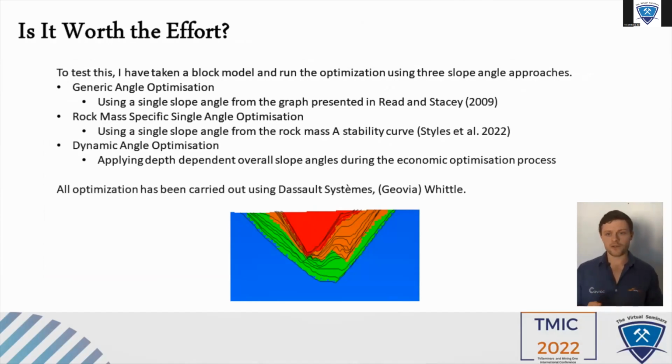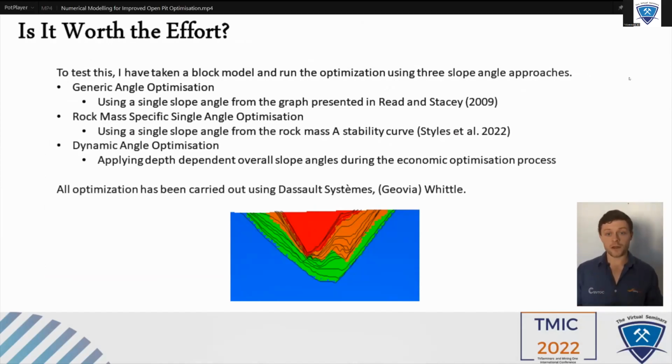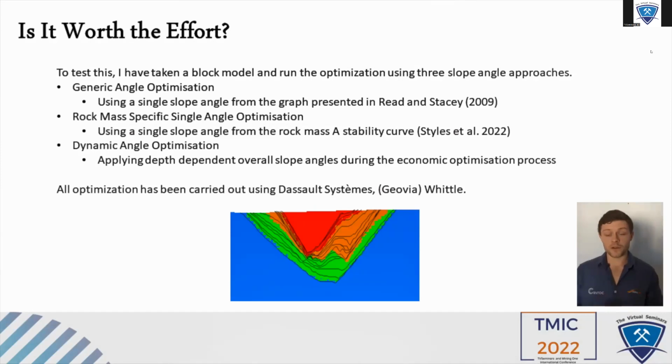First, the generic approach using the Read and Stacey graph. Second, the rock mass specific approach using rock mass A from Tom Styles' paper. And finally, the dynamic angle approach, again using the stability curves from Tom Styles' paper, but applying multiple angles through the process.